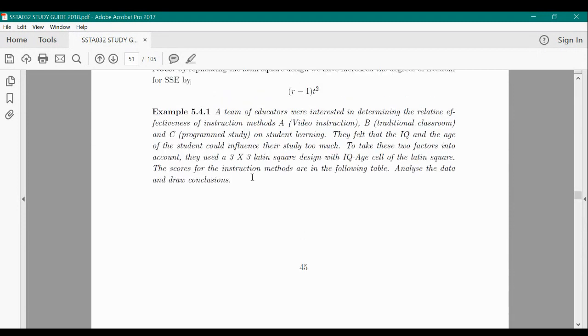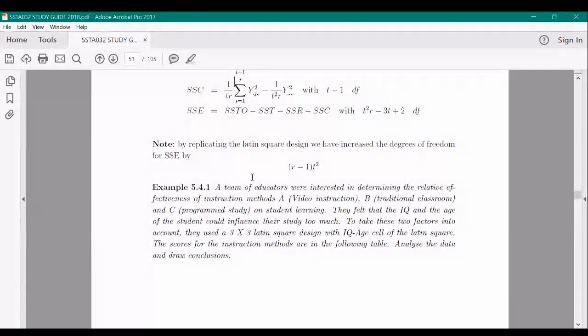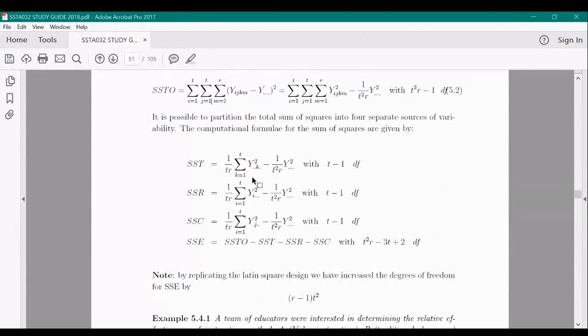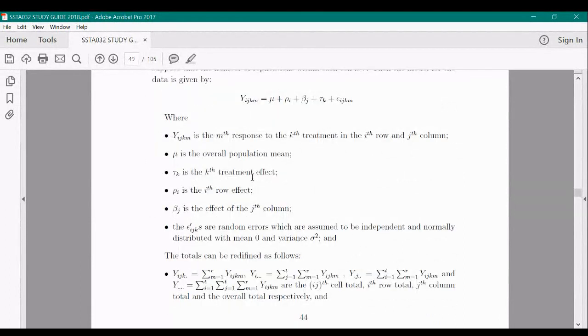Let's go to the formulas. Again, you'll be guided by the model. Let's go back to the model and see this part, guys. I think someone already explained this when I asked what the difference is between this model and the normal Latin square.